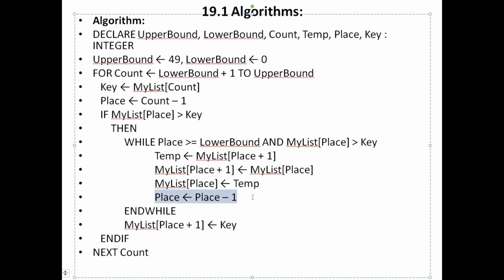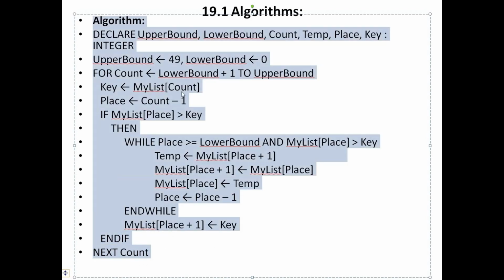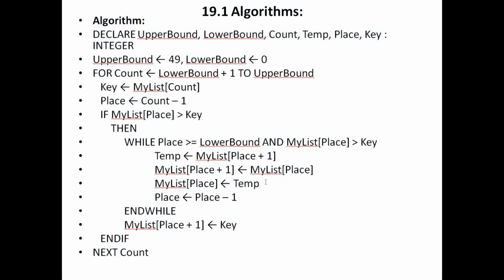And finally, you'll decrease the value of place by 1, end while. Finally, you'll take the value stored in key and put it at my list place plus 1, and next count. That's it. This entire algorithm you'll need to learn, and by learning it, you would be able to solve it efficiently in an exam.